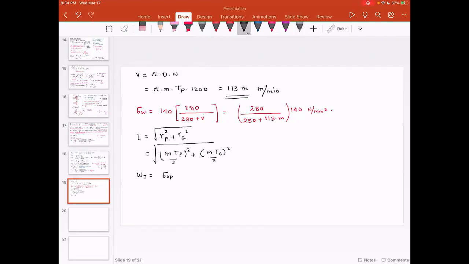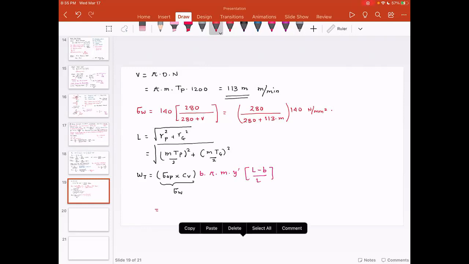WT is equal to sigma OP times CV times B times pi times M times Y prime, and the bevel factor, which is (L minus B) divided by L. So this equation reduces to, I'm going to call this sigma W. And unlike the previous problems, in here the value of sigma W is directly given.